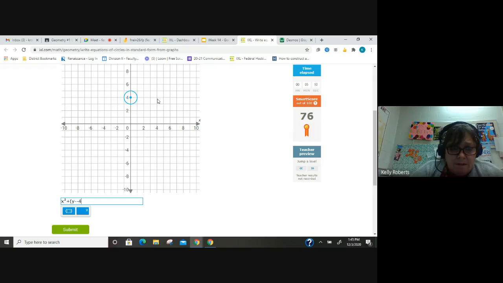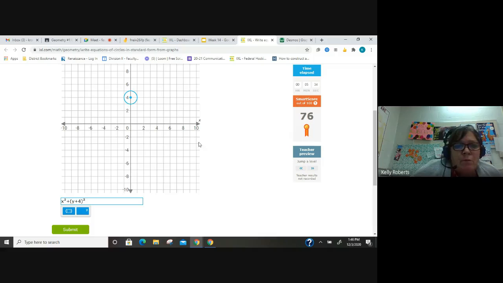Now again, that's not talking about this one. I'm pretending it's down here. Y minus -4. And remember that minus a negative is positive. So you're actually going to put y plus 4 squared equals the radius squared, which in that case would be 1. And that's how you would handle it if it came up negative.